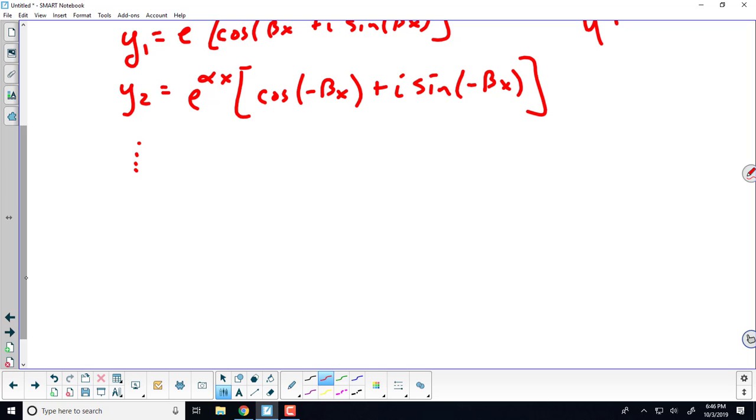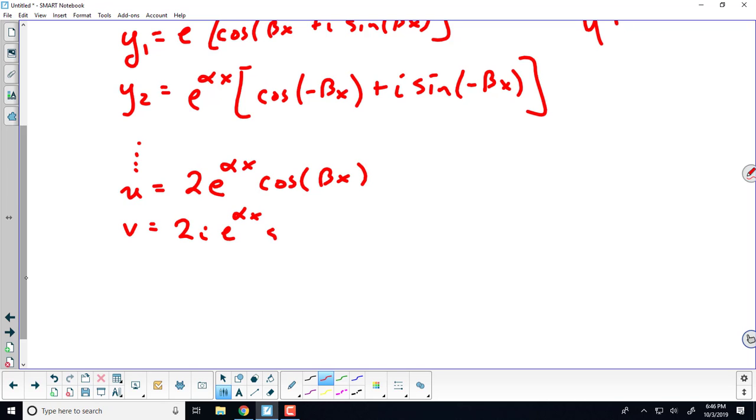So through a linear combination, we could say u equals 2 e to the alpha x cosine beta x, and v equals 2i e to the alpha x sine beta x are also solutions.